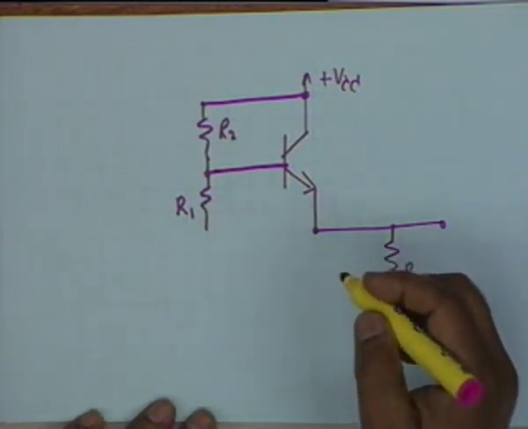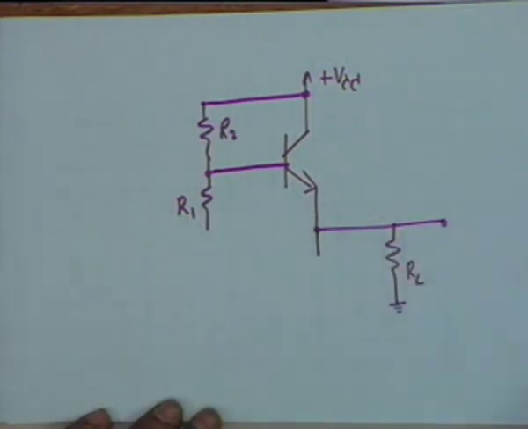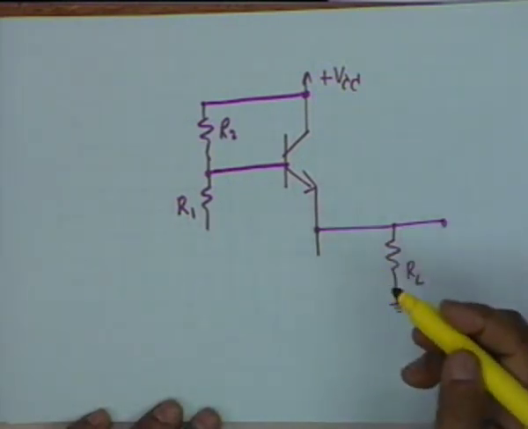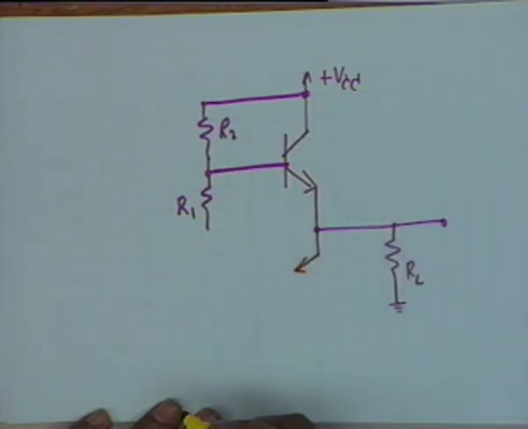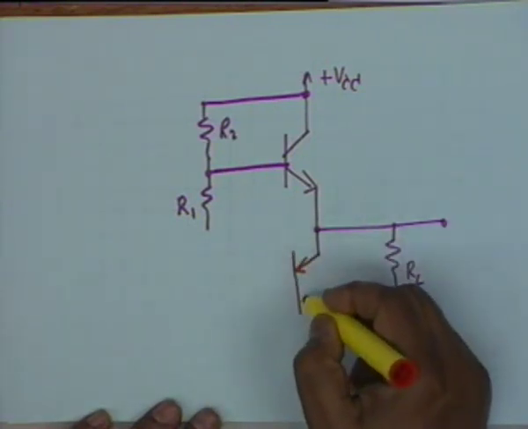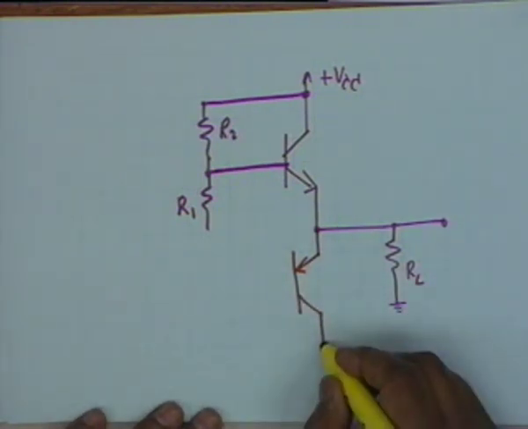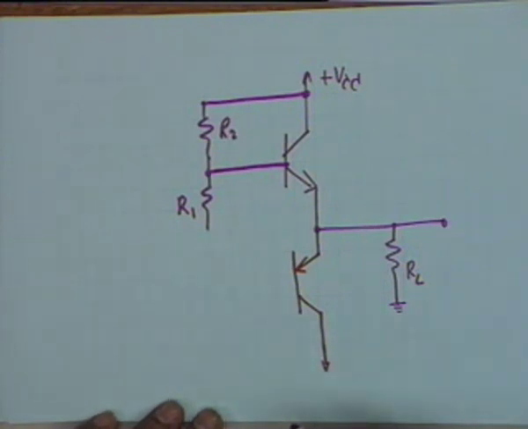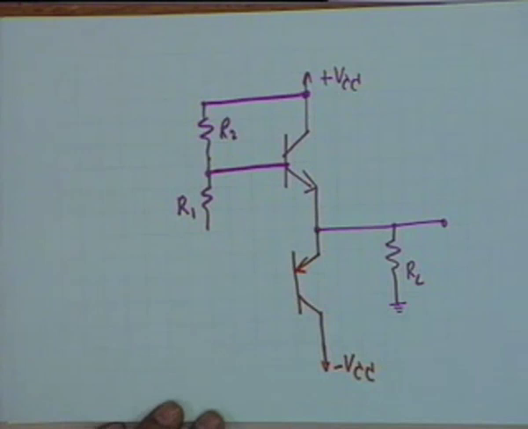Then the other transistor instead of NPN, let me show it in a different color, it is PNP, and therefore the emitter goes in, the collector comes out. And to what kind of a supply should this go? Obviously to a negative supply, so minus VCC.